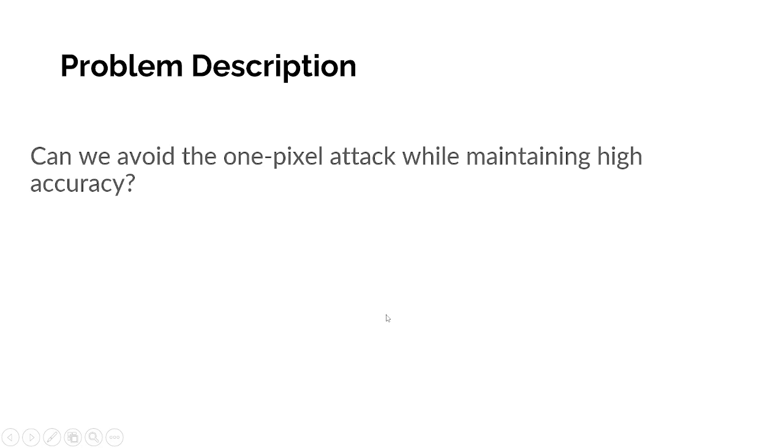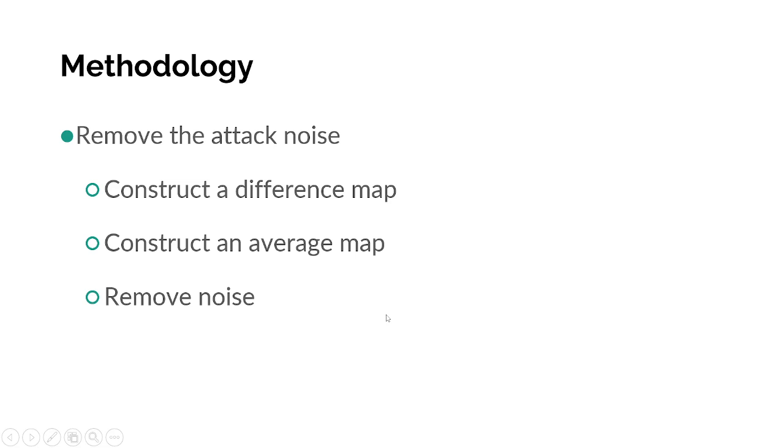So in most cases until now, we will use image processing skin to deal with the 1 pixel attack, because it's only one pixel change, so it's very hard to deal with.